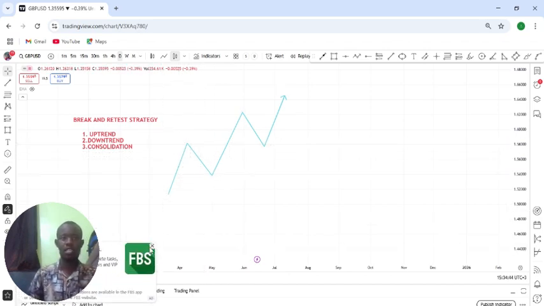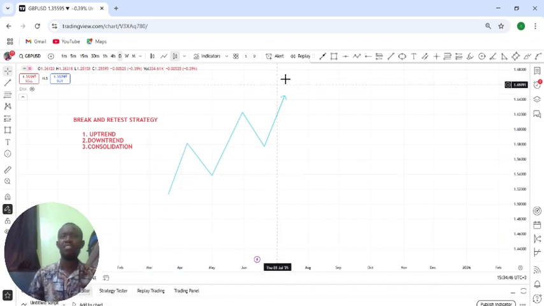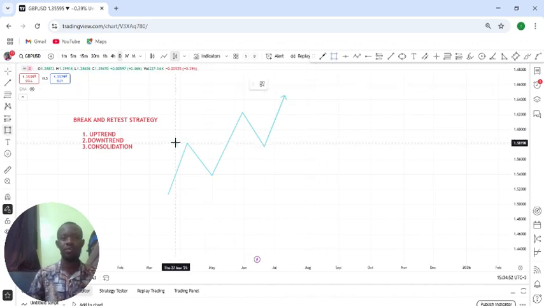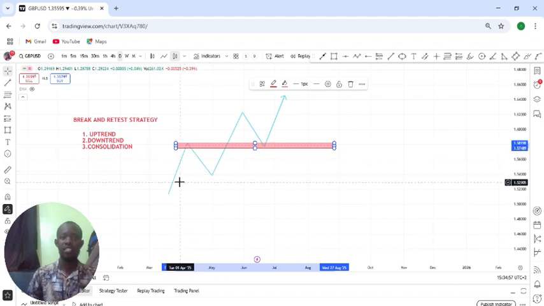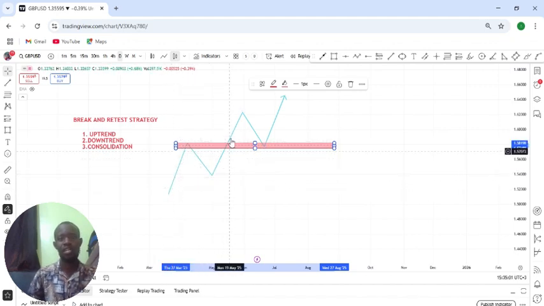What is the break and retest strategy? You can see the market is forming higher highs, higher lows, higher highs, higher lows.